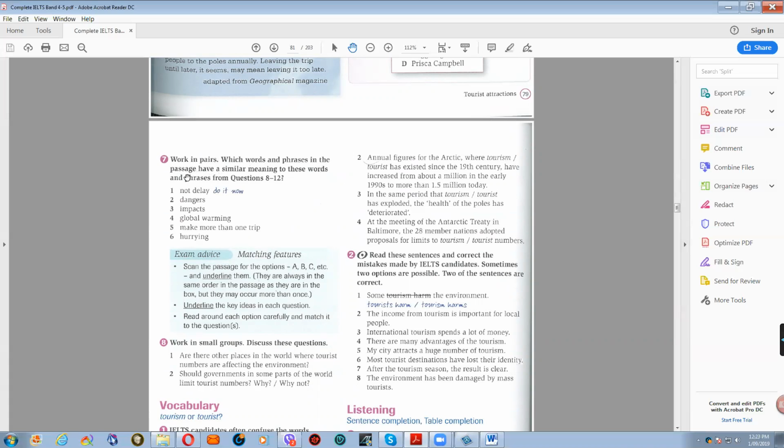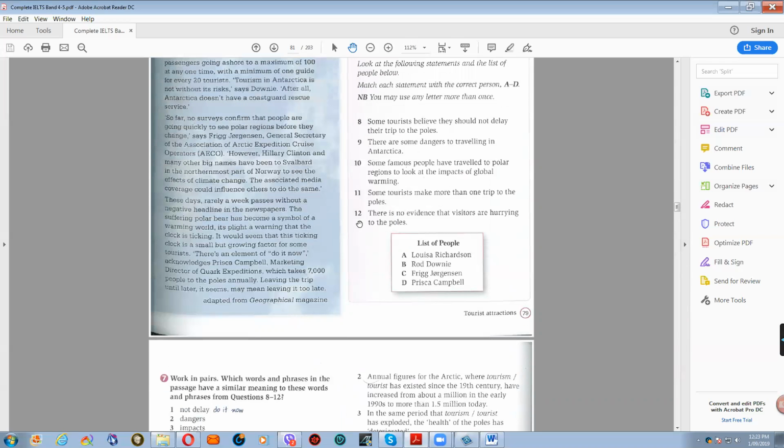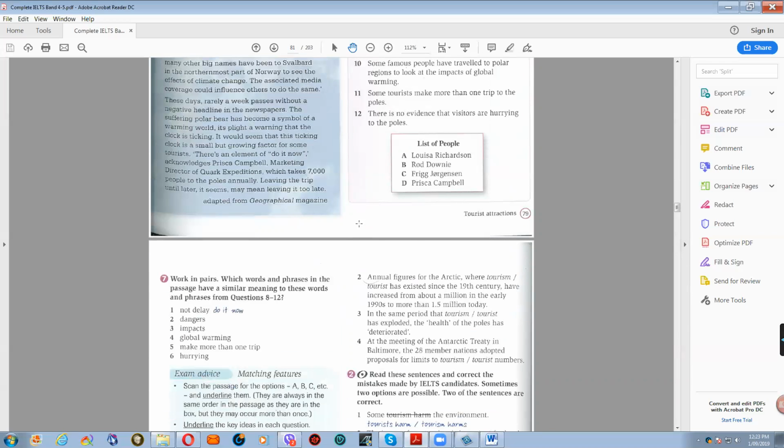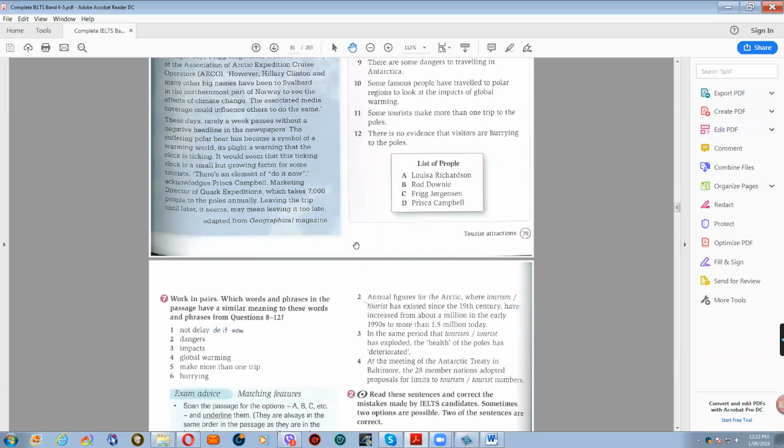Which words and phrases in the passage have a similar meaning to these words and phrases from 8 to 12? Dangers.